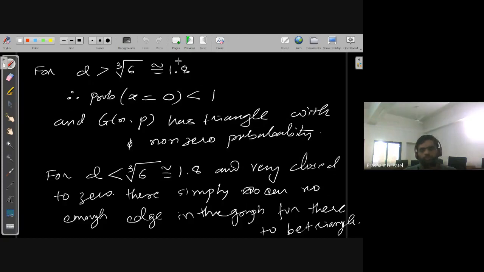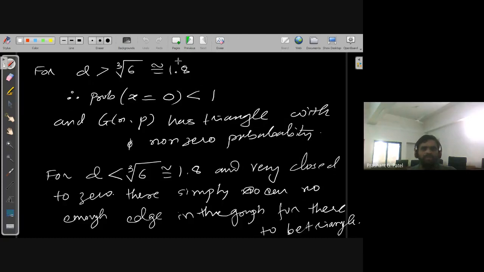This is the scenario you can have. You may do the programming for this also. That means you start increasing the value of n, and you can see at what probability there is the appearance of the first triangle.